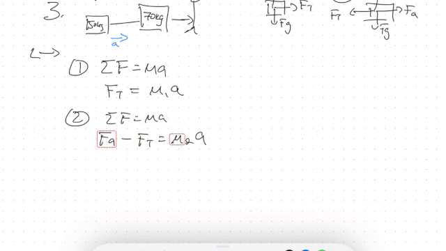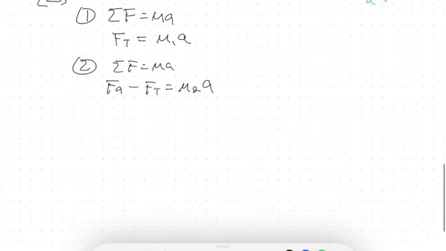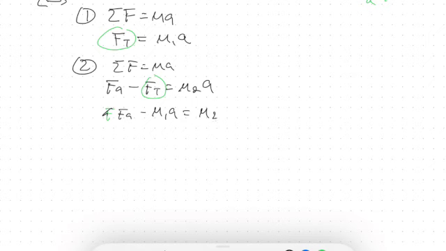So in the second block, its force applied is winning, pushing an acceleration in that direction against the force of tension. And we substitute this in here. Fa minus m1a equals m2a.